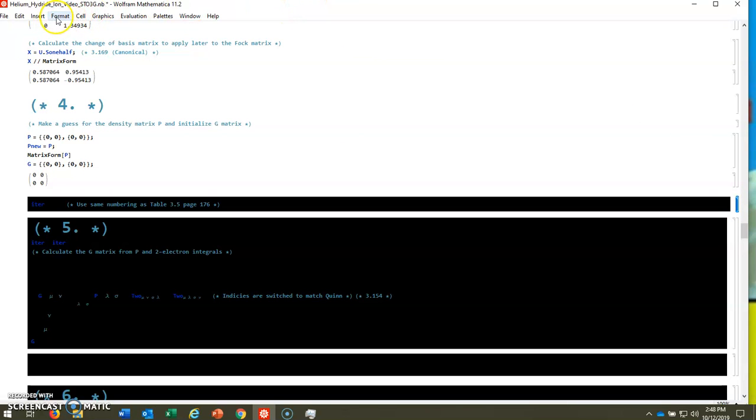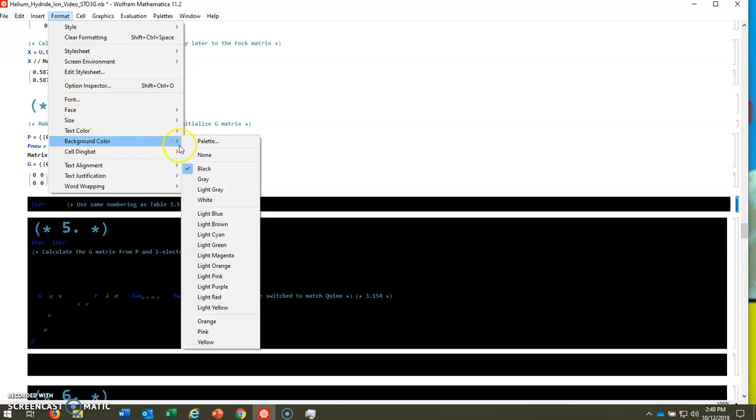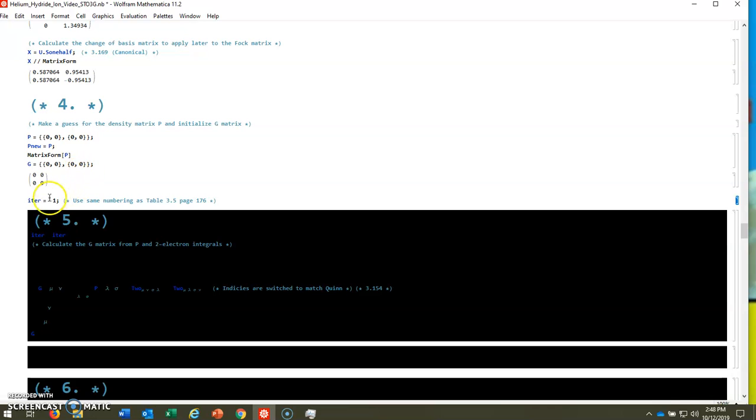We are ready to begin the iterative part of the algorithm. I'm trying to keep up here with the table in Szabo and Ostlund, so my numbers agree with the way they get them. So I started off here by setting the iteration number to -1. So once I get in, it's iteration 0.